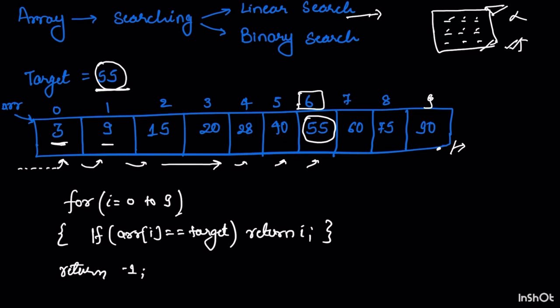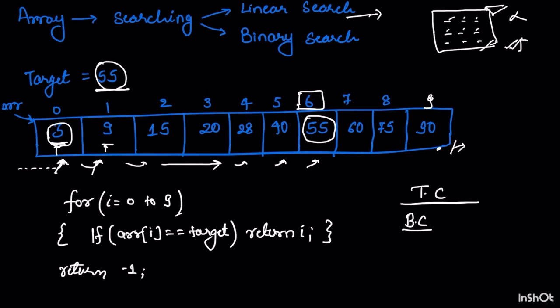So coming to the time complexity, first one is best case. In best case, suppose our target element is 3 or 9, then we have to just compare with the first element, second element. If it is 3, we will just return it in one comparison.